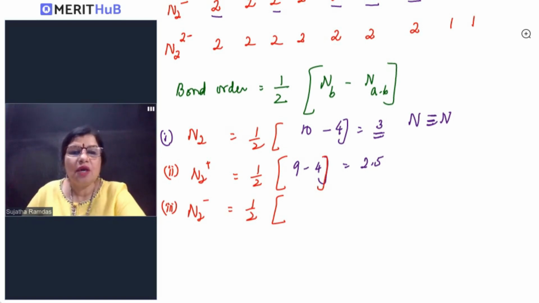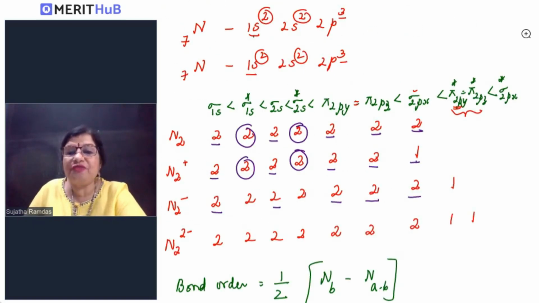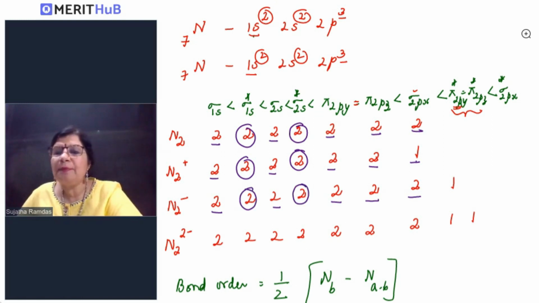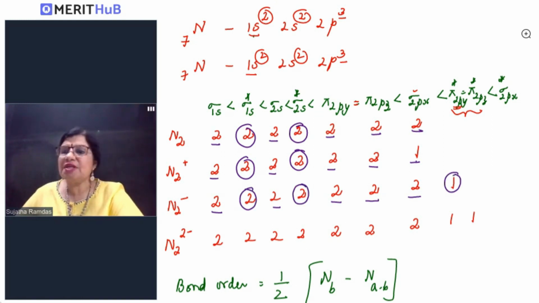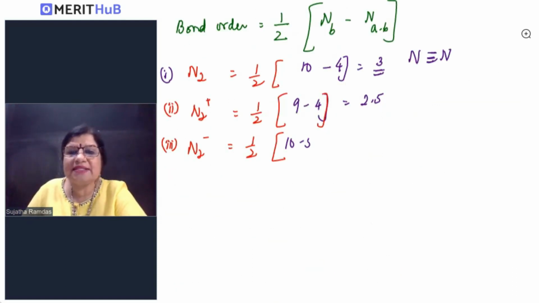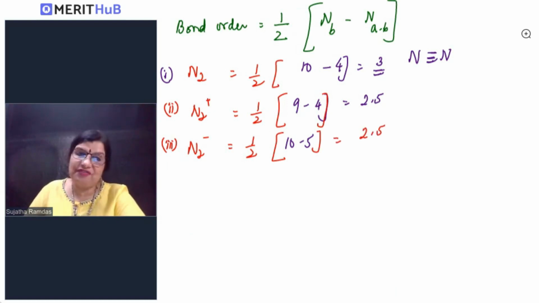So we have got 1, 2, 3, 4, 5, 10 bonding electrons. And which are the anti-bonding electrons? The anti-bonding electrons are 2 plus 2, 4, plus 1, 5. So here we have 10 minus 5, which is again 5 by 2, which is 2.5. We have already arrived at our answer.